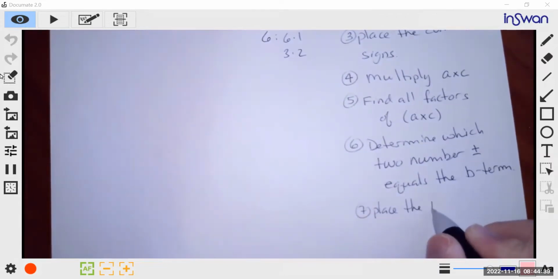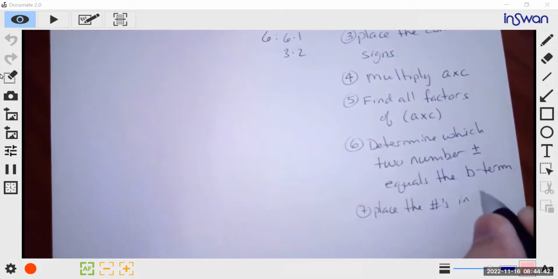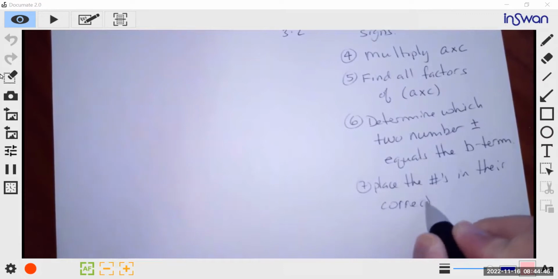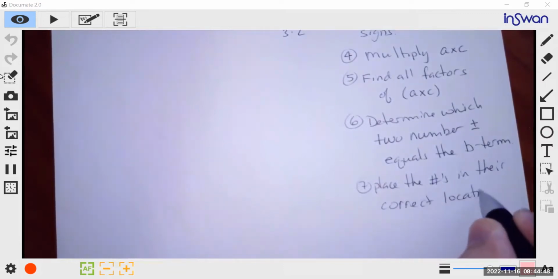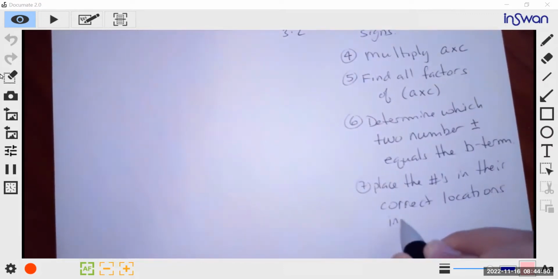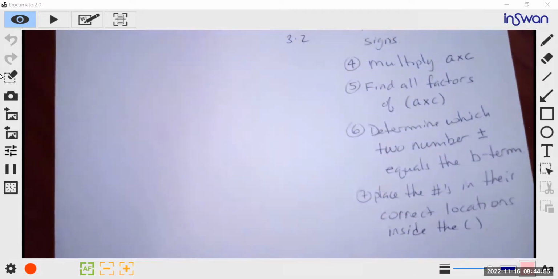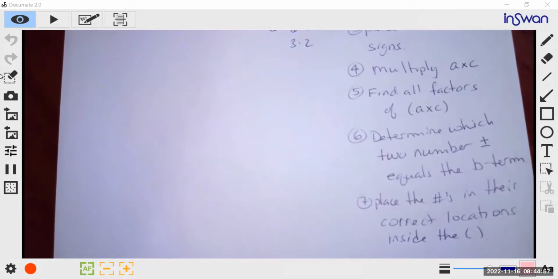Place the numbers in their correct locations inside the parentheses. What does that mean?